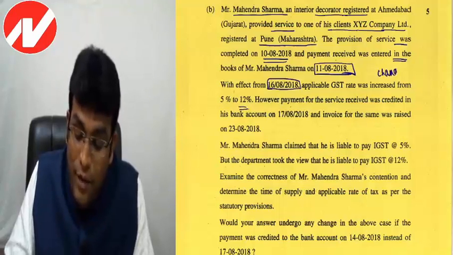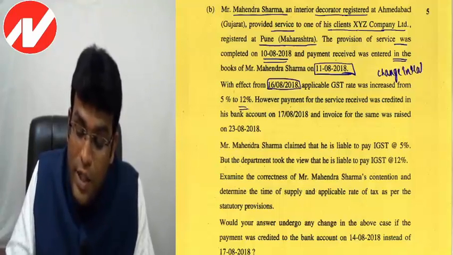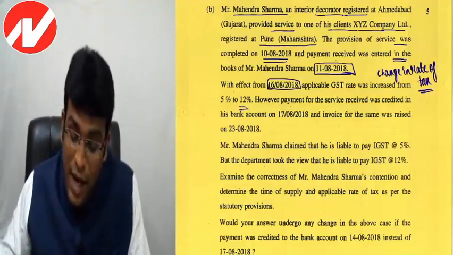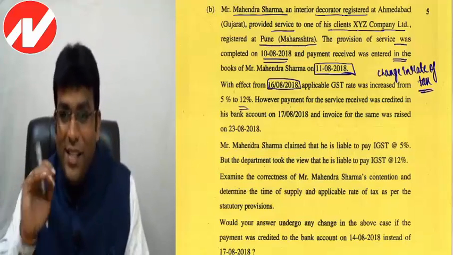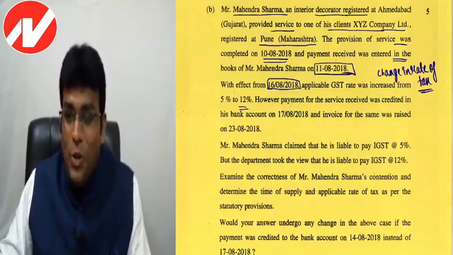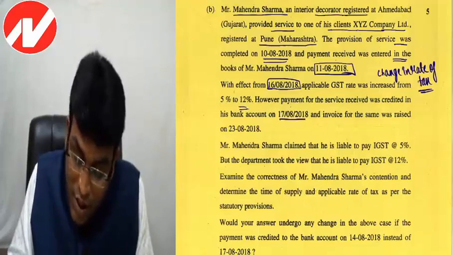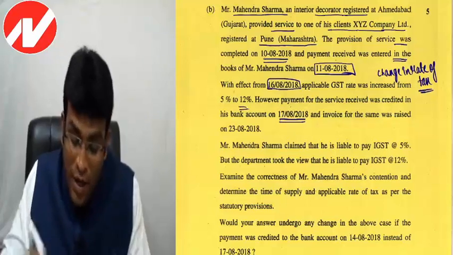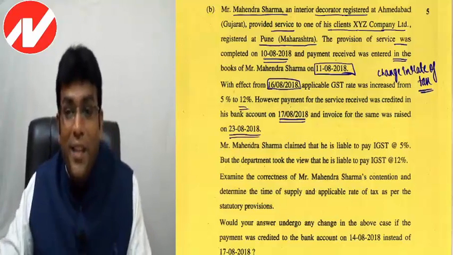In other words, we are talking about something called change in rate of tax. However, payment for services rendered was credited in the bank account on 17th August 2018 and invoice for the same was raised on 23rd August 2018.